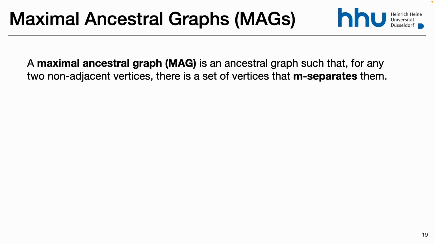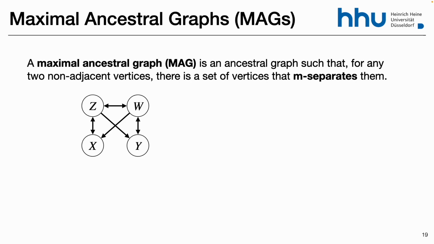A maximal ancestral graph is an ancestral graph such that for any two non-adjacent vertices, there is a set of vertices that M-separates them. Because I need that the non-adjacency in the graph represents M-separation, so they cannot be connected. So in this case here, what do you think this is like? So first of all, it is an ancestral graph, right?